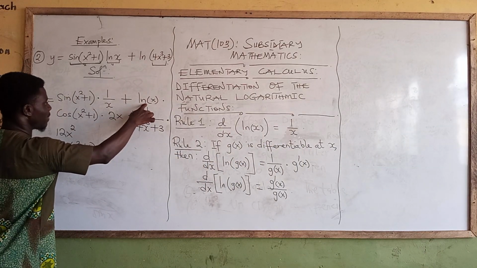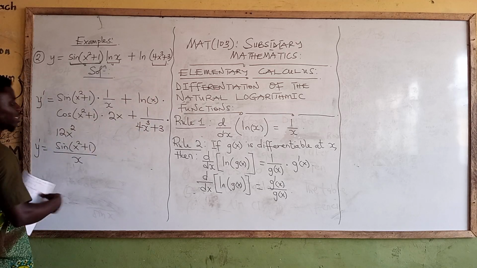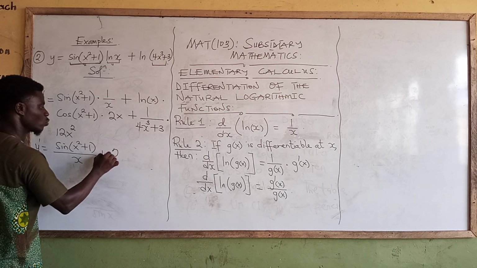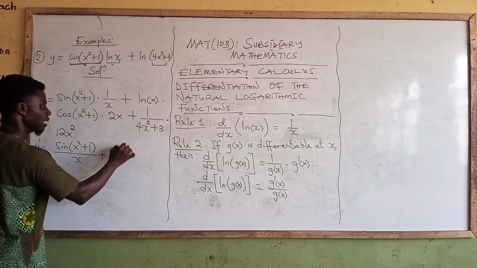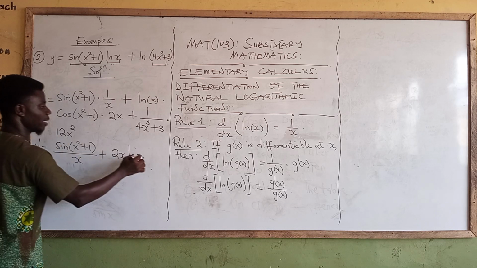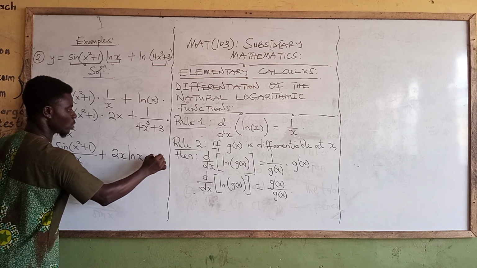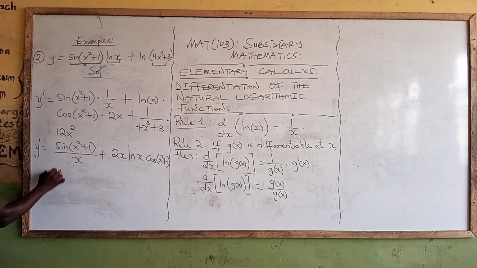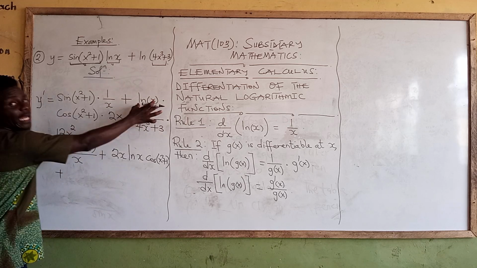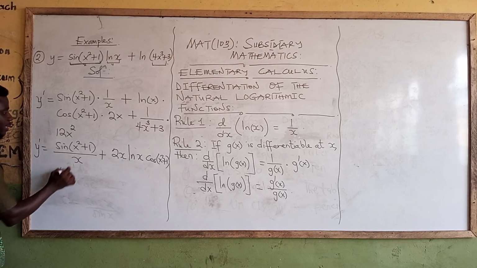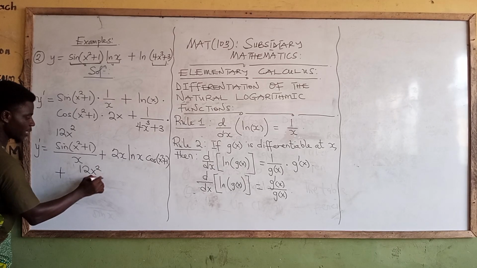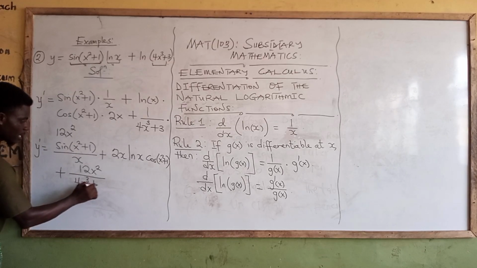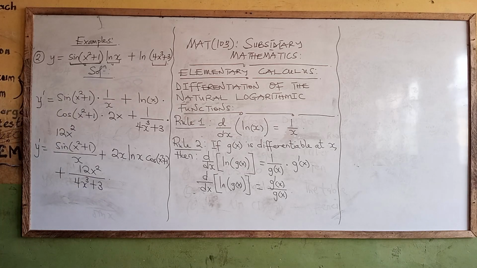Then plus ln x times this guy, so we get plus, you can see the 2x, we get 2x ln x cos of x squared plus 1. Right. Then plus, don't forget, 12x squared times that, we get 12x squared all over 4x cubed plus 3.